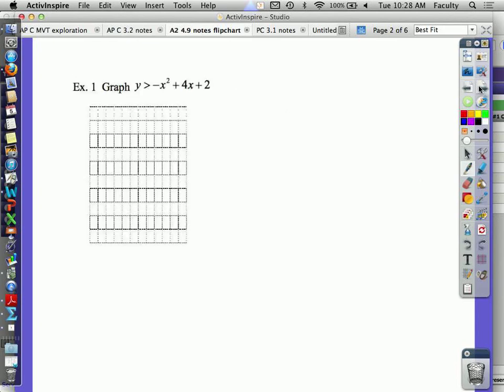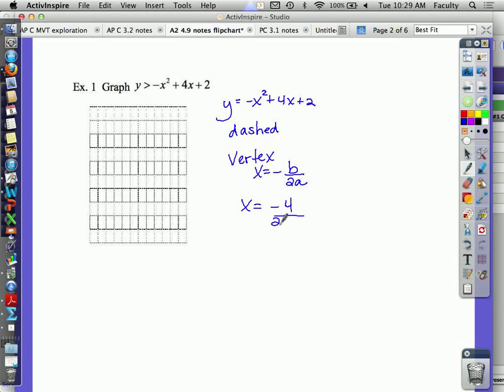Okay, so let's look at example 1 together. So we're going to change this to an equal sign. And this one's dashed. So you're going to graph the parabola. So I start with my vertex, x equals -b over 2a. So that's -4 over 2 times -1.